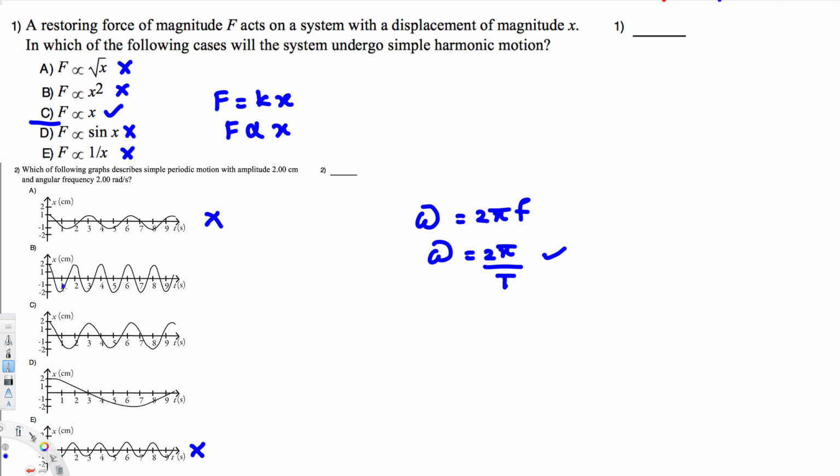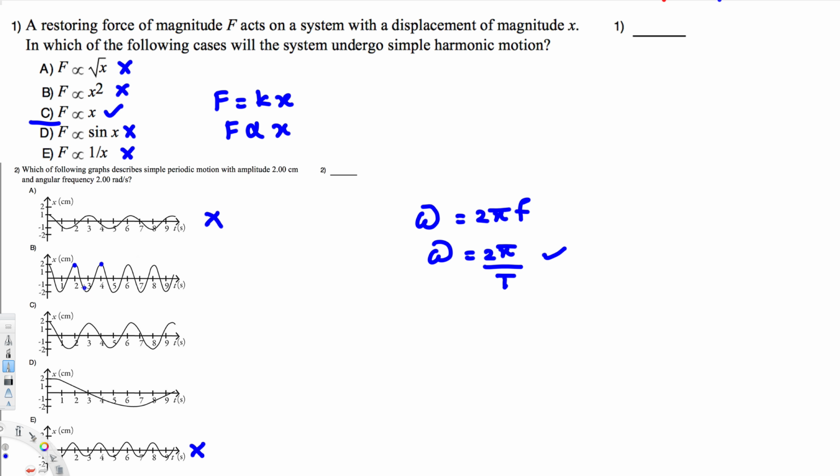So in this case let's look at the second one, because we don't have to look at the first one, because we already know the amplitude is not 2, so we already eliminated that. Now let's look at these three things and compare this 2 radians per second answer. So here the period is going to be, let's start from this one to this one, right?